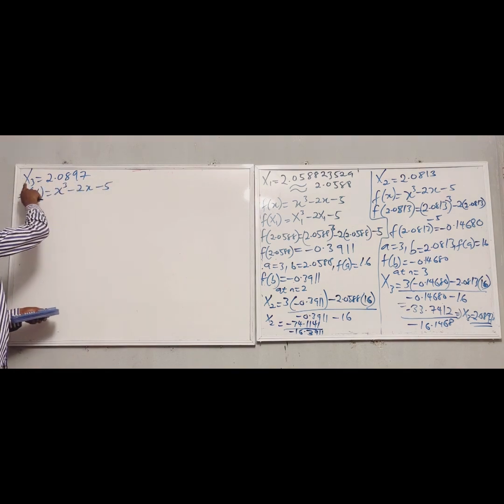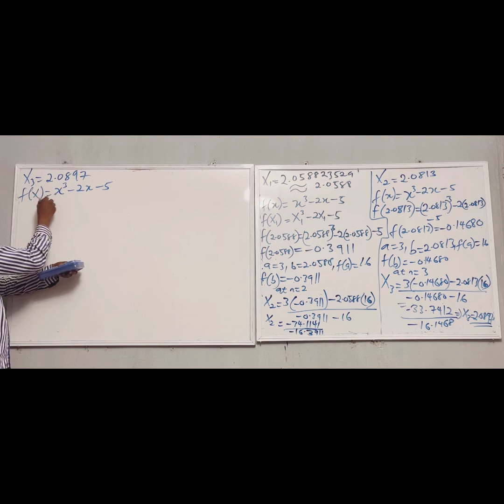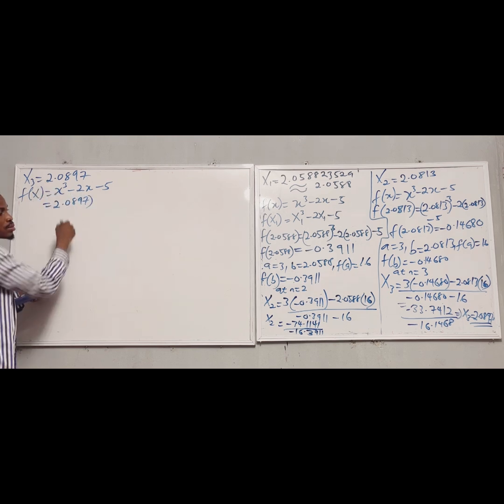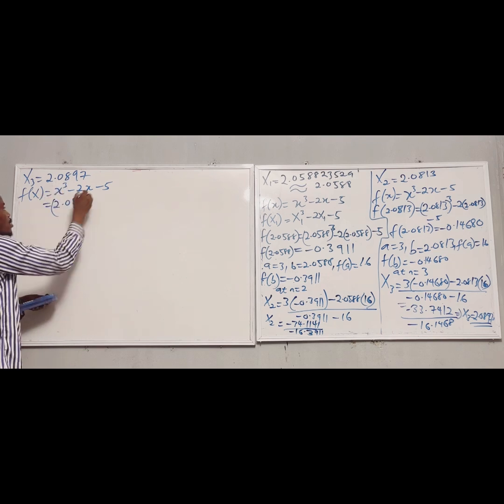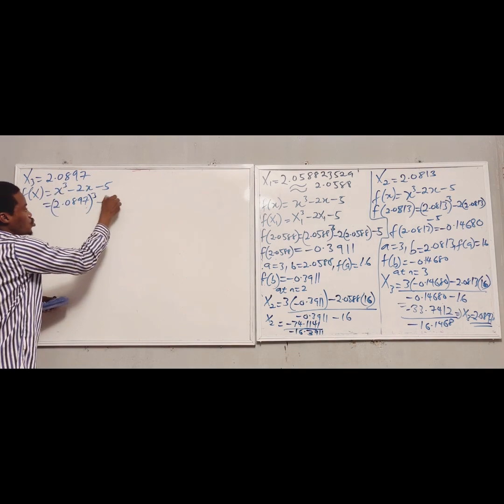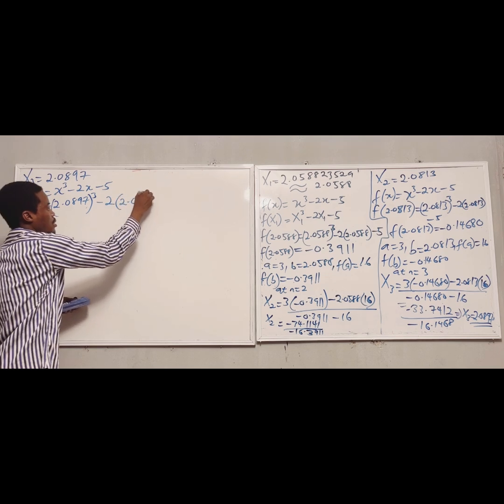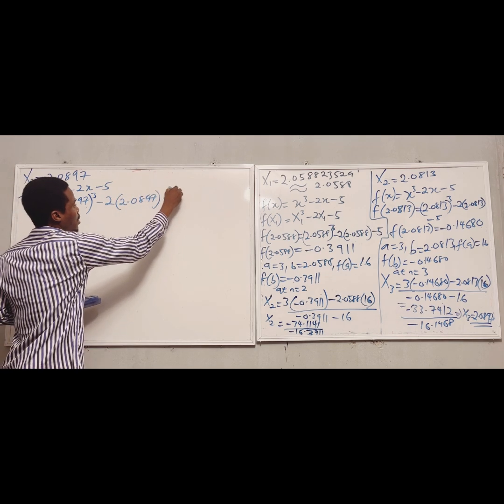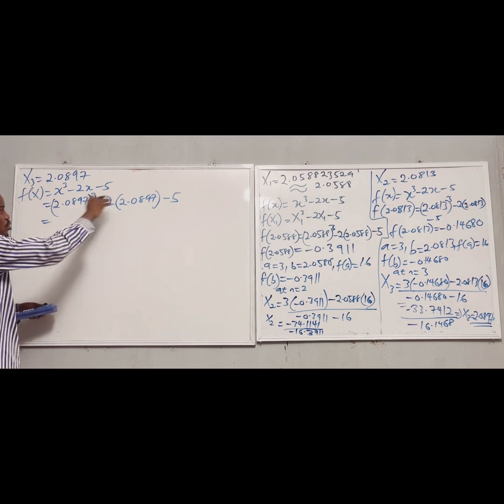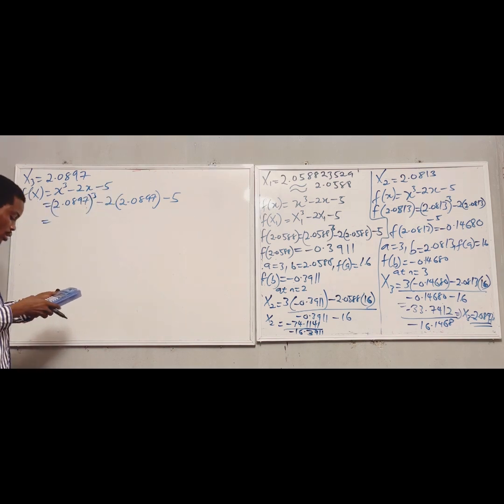Whenever I see x3, I put 2.0897 that I got from s3, to the power of 3, then minus 2 times 2.0897, then minus 5. So if I solve this, what am I going to have? Let's do it together.